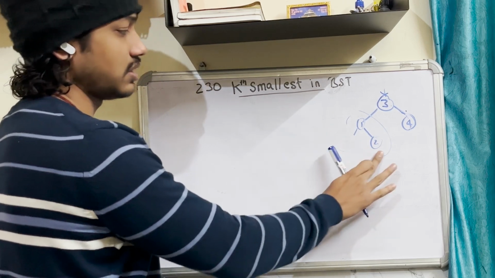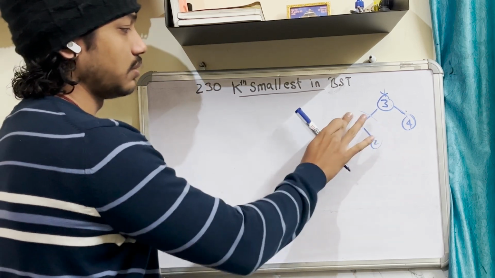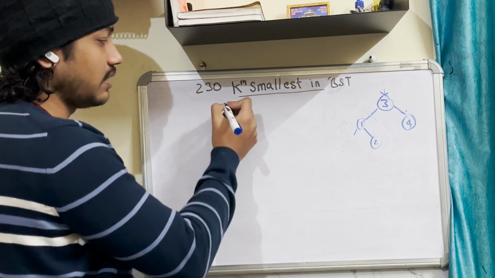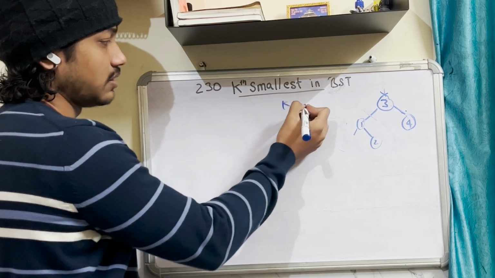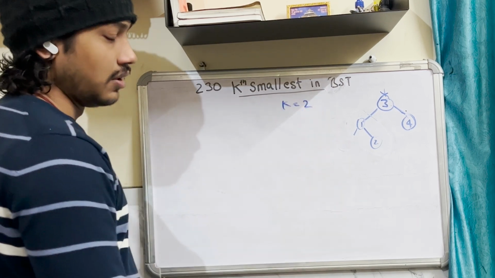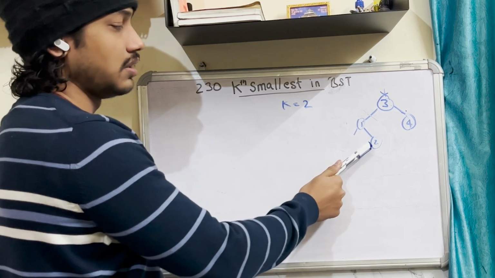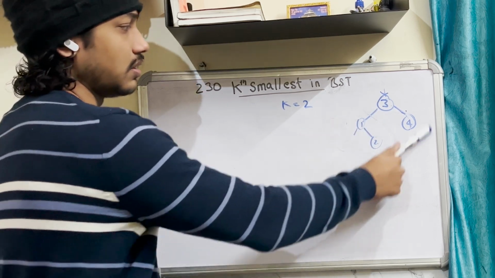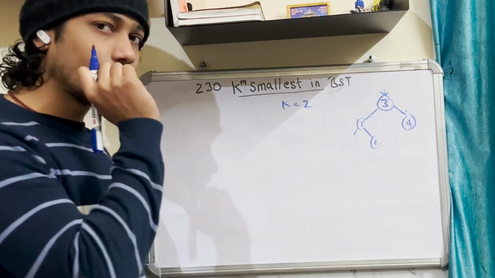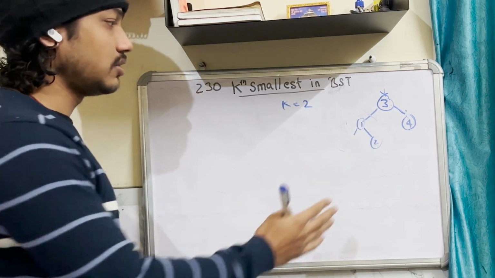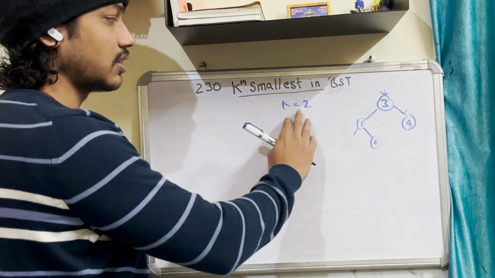So let me just revert back to the given question, and you are given a value k equals, let us suppose, 2. So you have to return the second smallest value in the whole binary search tree. Question is pretty simple. You just have a binary tree, you have to return the kth smallest value.